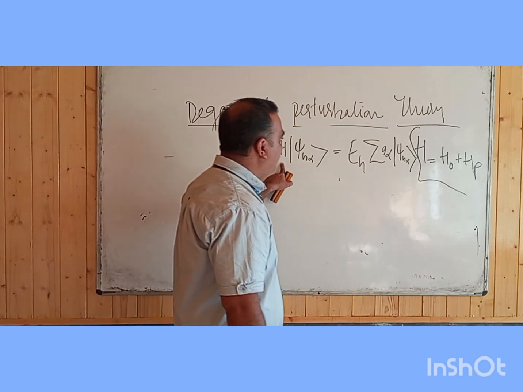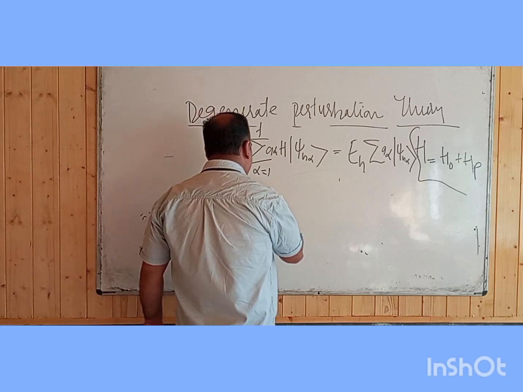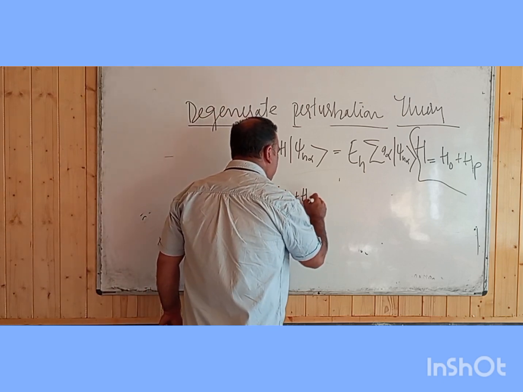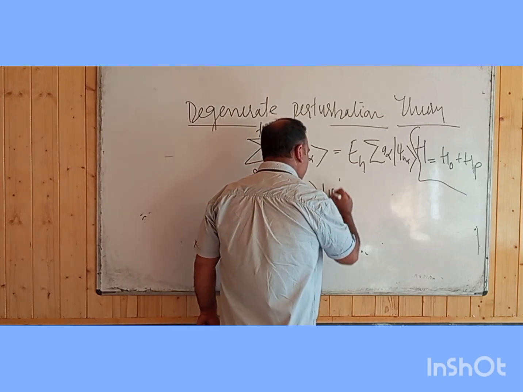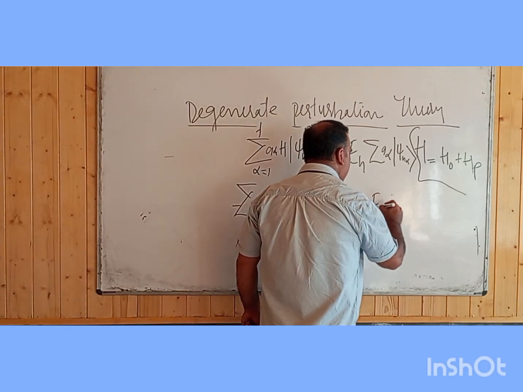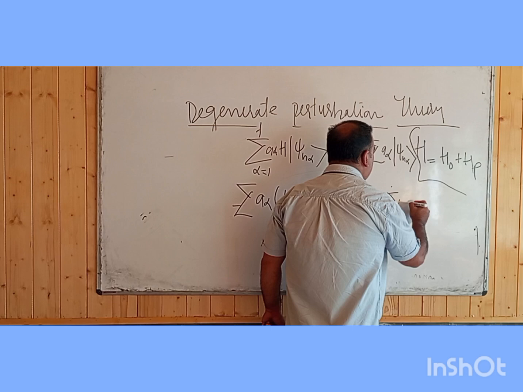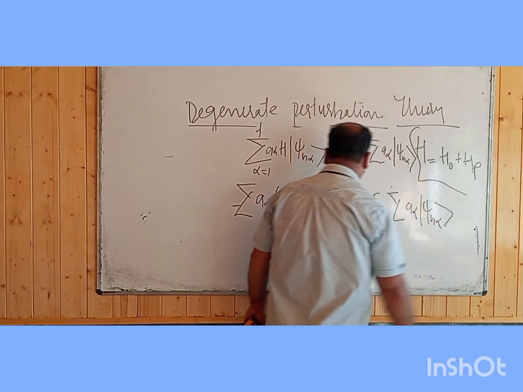We should use the value of H, so we will have the sum of A alpha times H naught plus HP acting on psi n of alpha, equals En times the sum of A alpha psi n of alpha.